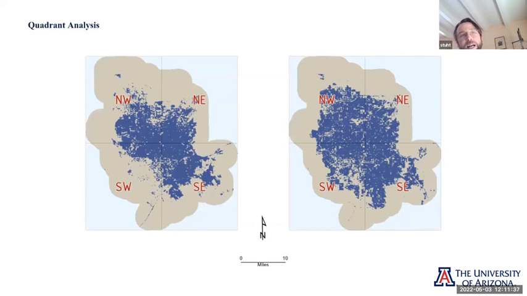Finally, a quadrant analysis was done using a fishnet and zonal statistics. Again, it starts with pixel counting. There are many ways of gauging directional growth. I didn't really have time to get into fractal analysis, fractal geometry, but maybe next time.